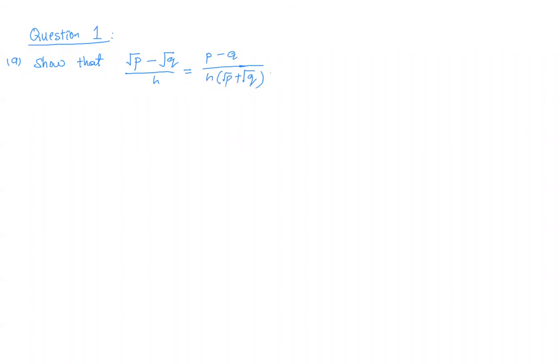So how are we going to show? If the question asks us to show, you can go from left-hand side to right-hand side or right-hand side to left-hand side. But today I'm going to do from left-hand side.